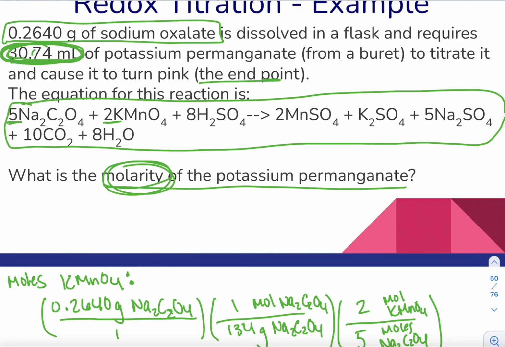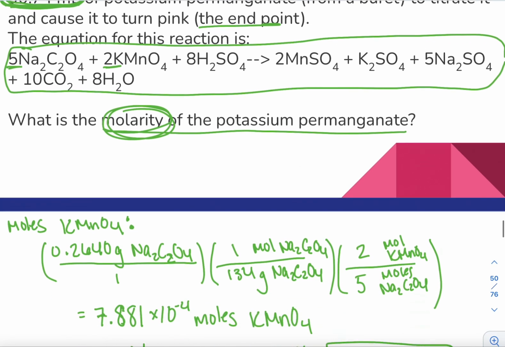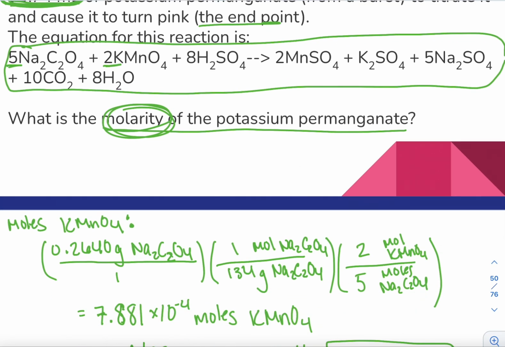So if we know that we titrated correctly, and we're going to assume we did in this problem, in any problem, if we know that we titrated correctly, we have the exact right amount of KMnO4 to react with this exact amount of sodium oxalate. So that is why I was able to use this stoichiometry problem. Okay, so we're saying that I reacted this entire amount, the 0.2640, so I can use that to figure out the moles of KMnO4.